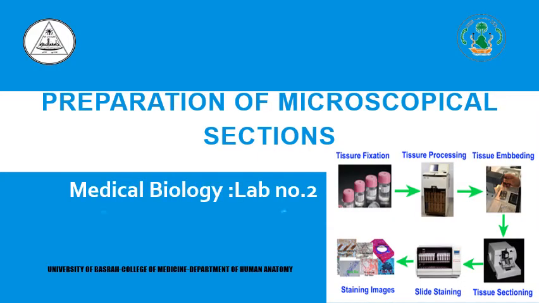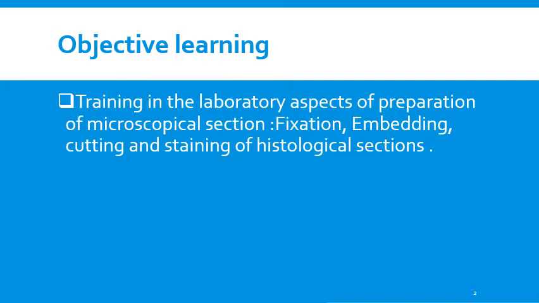The second medical biology lab is about preparation of the microscopical sections. The objective of this lab is training in the laboratory aspects of the preparation of the microscopical section: fixation, embedding, cutting, and staining of the histological sections.